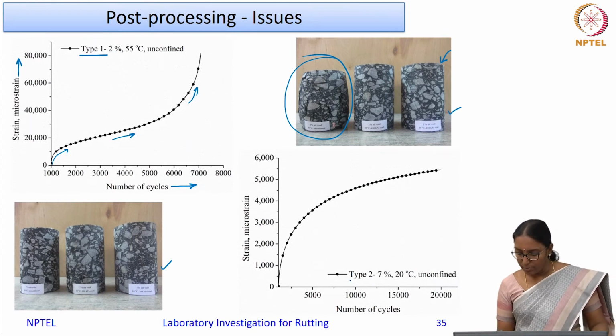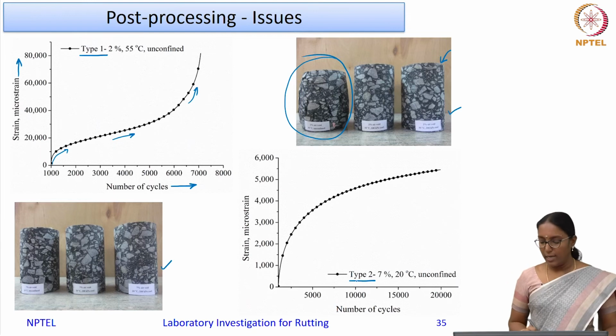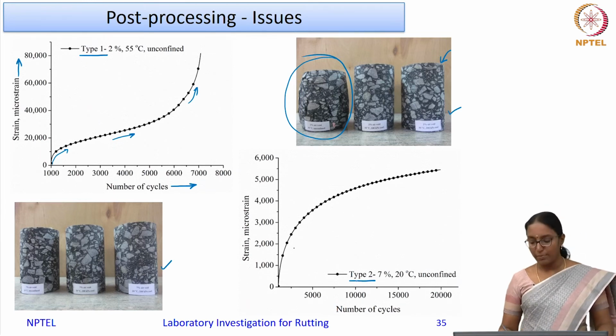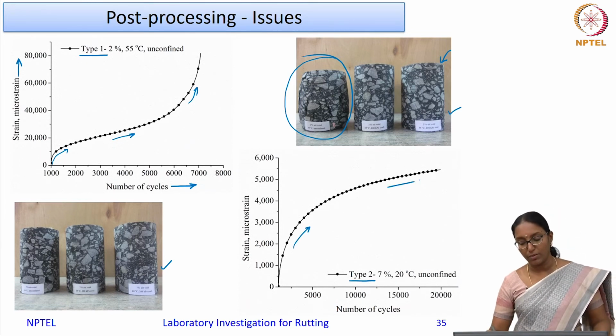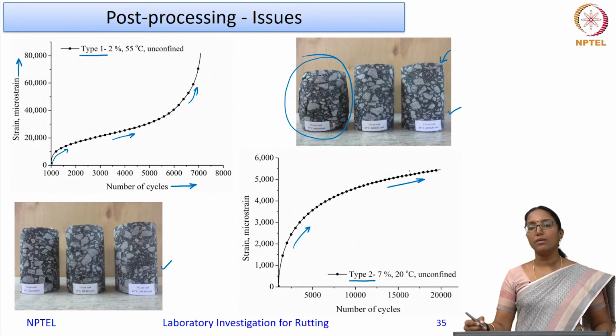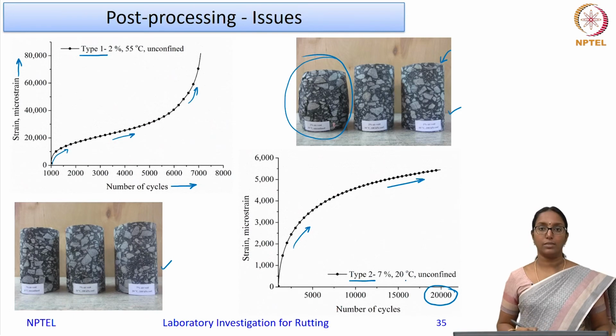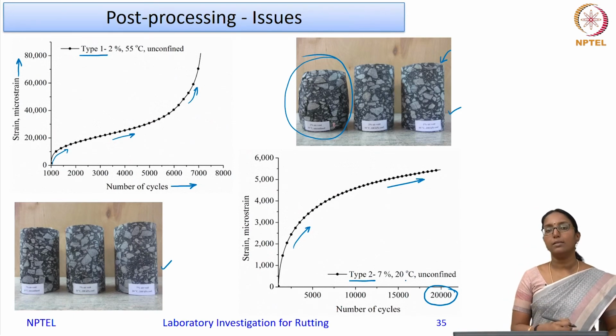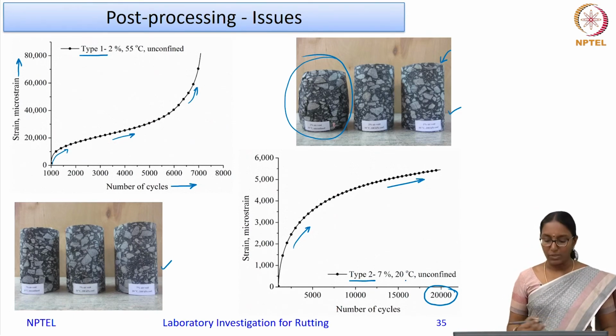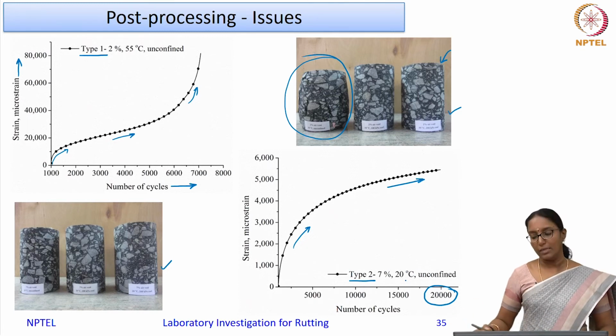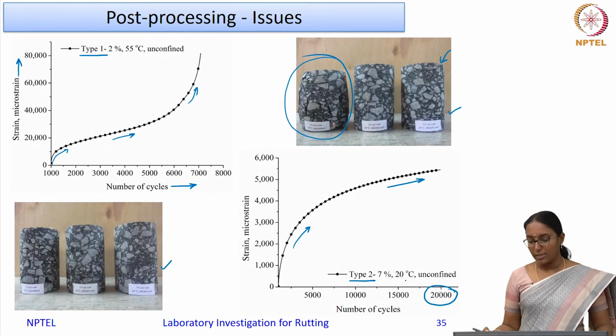Whereas in this type 2, as I have shown here, there is a primary stage and maybe a secondary stage also, but it has not reached a tertiary stage even after we have done the test for 20,000 cycles. As prescribed by the protocol, it is 10,000 cycles, but we extended it to 20,000 cycles, and we were not able to see the flow number in this case.